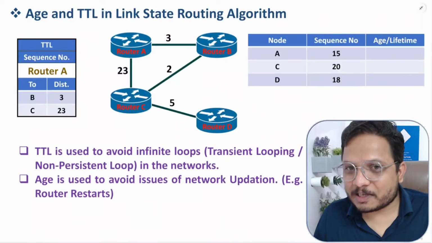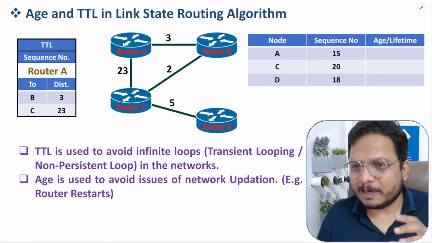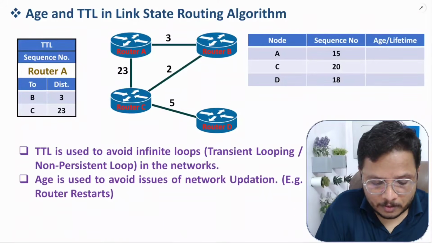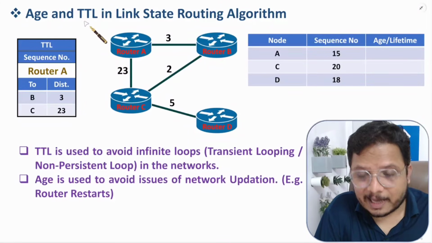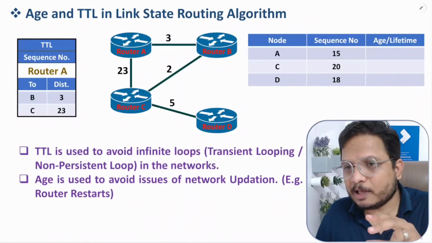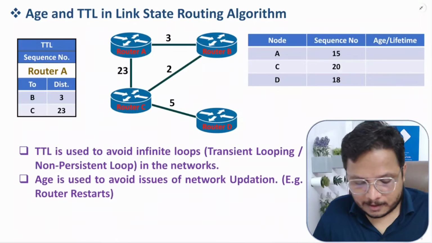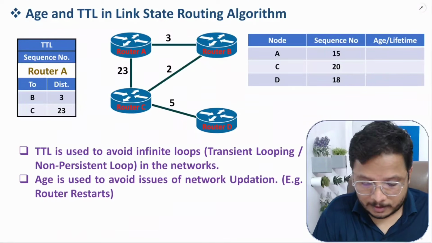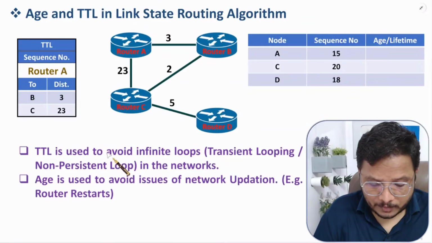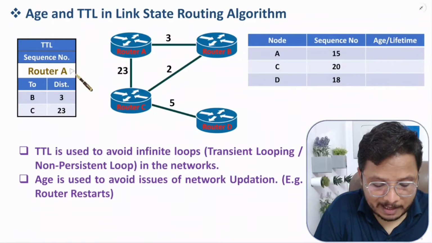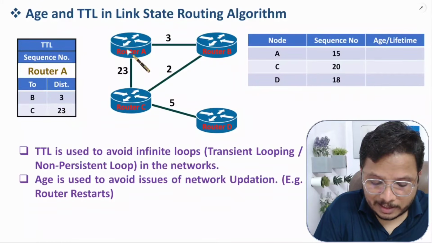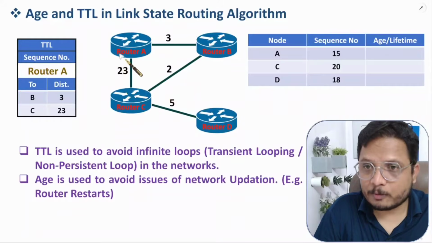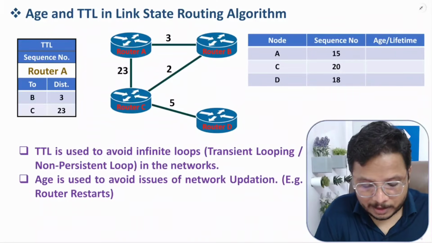Before I start with the explanation of age and TTL field, let me tell you there are some confusions which I have seen in books. In books they consider age and TTL as the same field. Let me tell you, both are very different things. See, TTL we use to avoid infinite loops. For example, say we have a TTL field with this link state. Now the link state is getting forwarded in the computer network, and if there are some infinite loops, then you cannot avoid them without TTL.